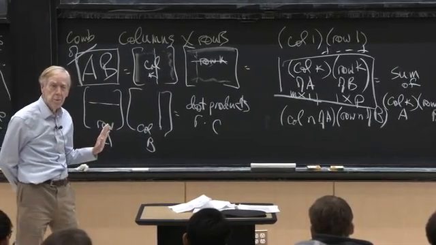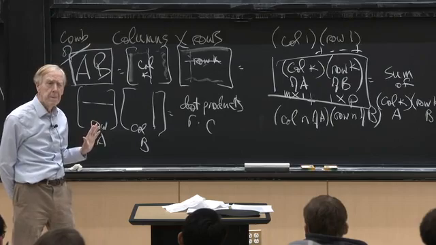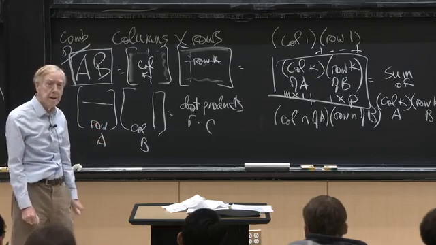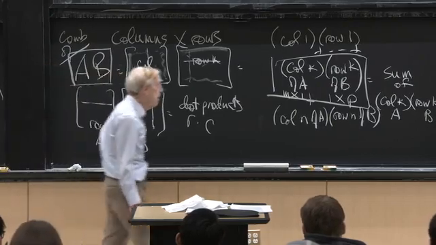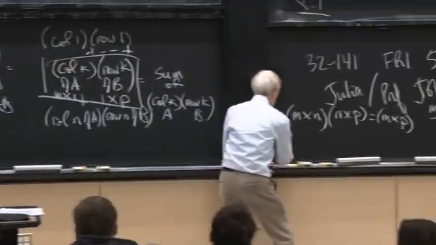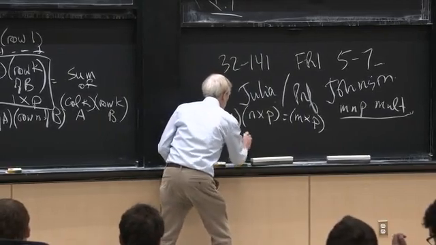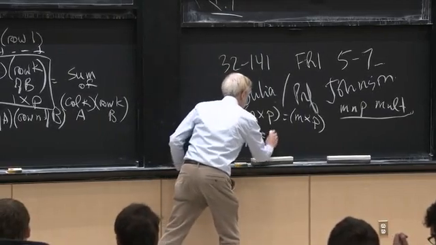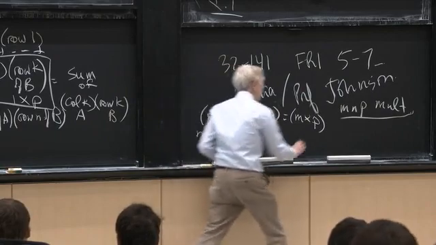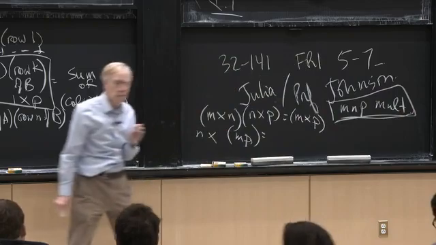And how many of those rank 1s do I have to do? N. You got it? It's MP times N. The other way was N times MP. So it gives the same answer, MNP multiplications. In fact, they're exactly the same multiplications, just in a different order.